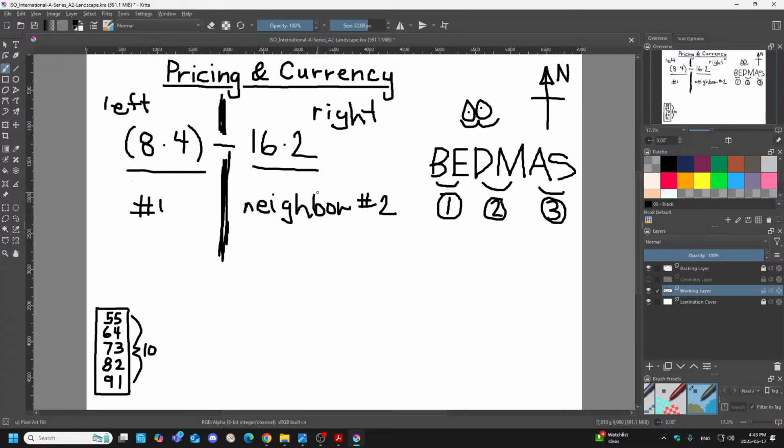They're two separate parts. My point is you could do this and you could do this separately of each other. Think of this as neighbor 1, think of this as neighbor 2. Okay, I'm going to clean this up so you can see.